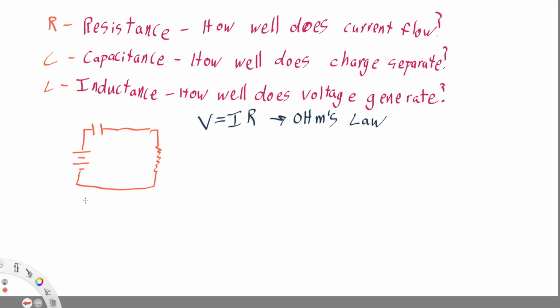If we open up the circuit, it's not connected, and there's no charge on either plate of the capacitor. Then when we flip the switch on and connect the circuit, current tries to flow through the resistor and through the capacitor, except the capacitor is actually a gap in the circuit, a physical separation. Current can't flow through the capacitor. So instead, charge builds up and builds up and builds up.